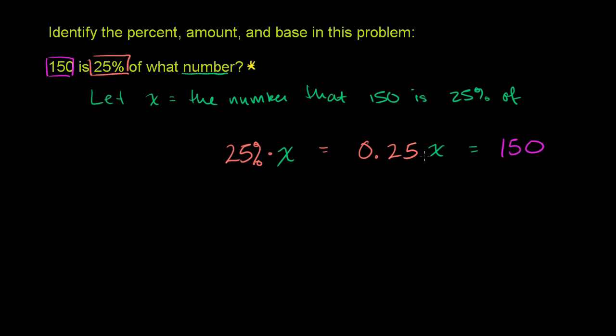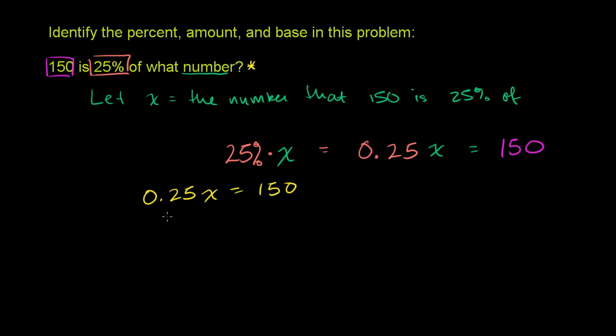So let's start with this one over here. Let me write it separately so you understand what I'm doing. 0.25 times some number is equal to 150. Now, there's two ways we can do this. We can divide both sides of this equation by 0.25. Or if you recognize that 4 quarters make a dollar, you could multiply both sides of this equation by 4.